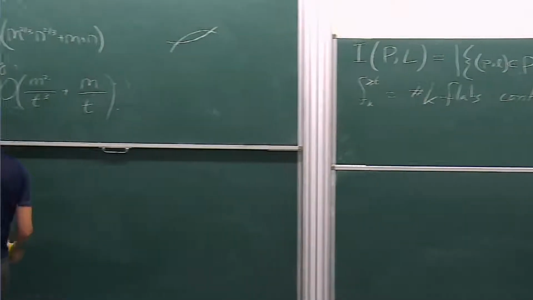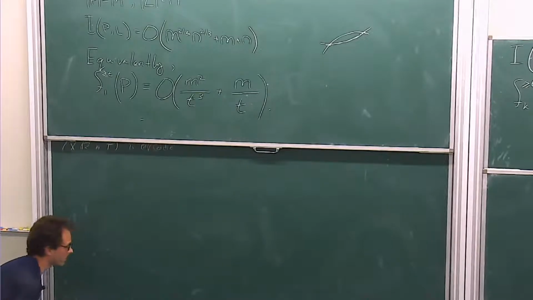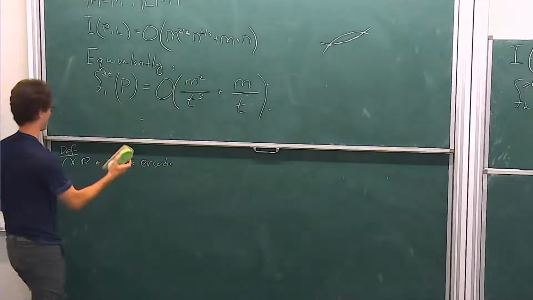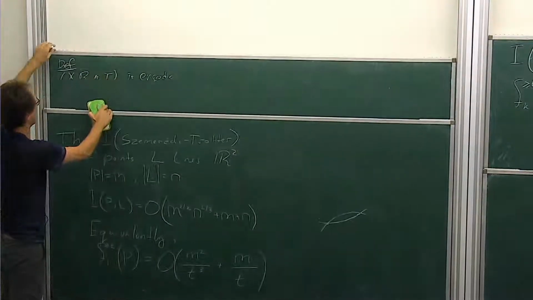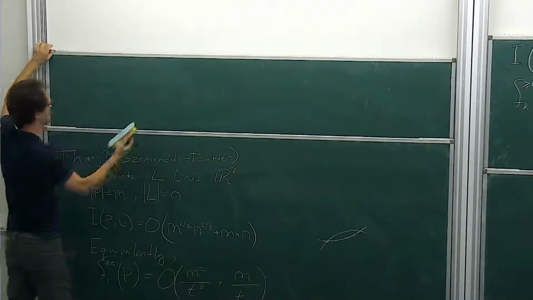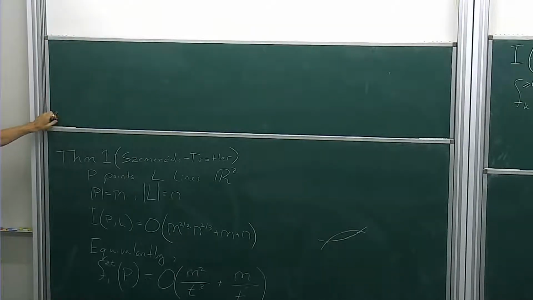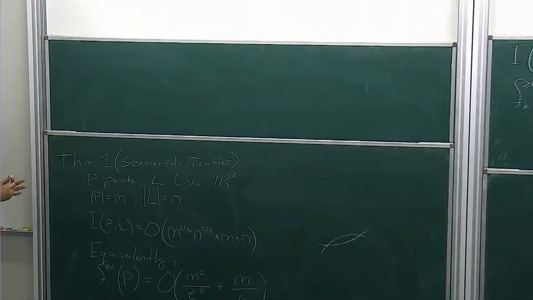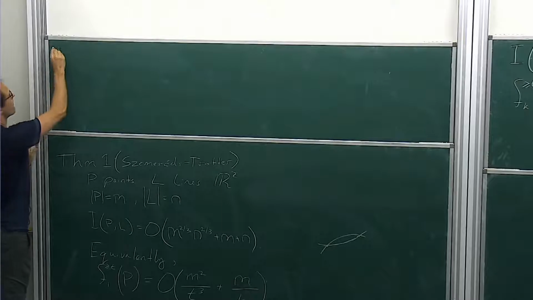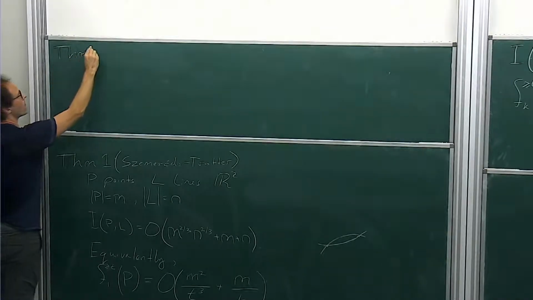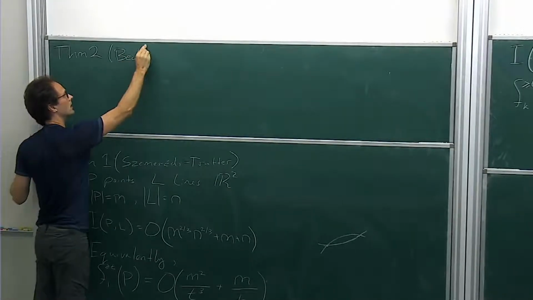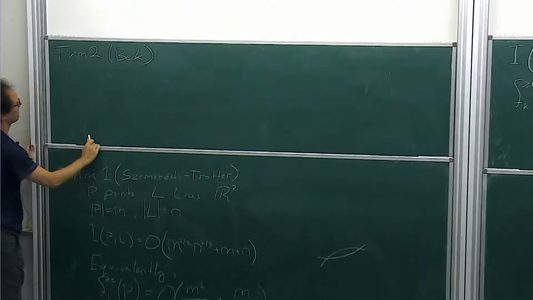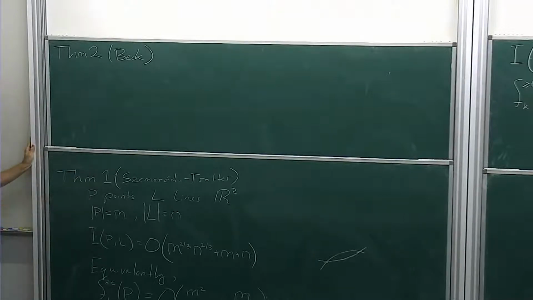There's one other classical theorem that I want to talk about. It was proved around the same time as Szemerédi and Trotter. It's Beck's theorem.